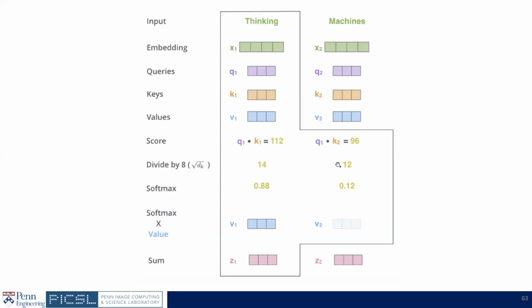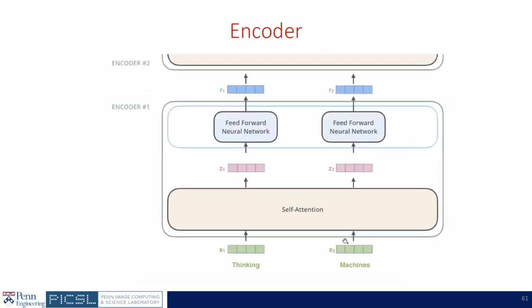And then I can do the same thing for machines as well. I can compute some kind of self-attention for machines by Q2 times K2, and then repeat the procedure for Q2 times K1, right? The other side. And then I can add it for V1 and V2 from the other side and get Z2, right? So going back to this picture, I have X1 and X2 as my input.